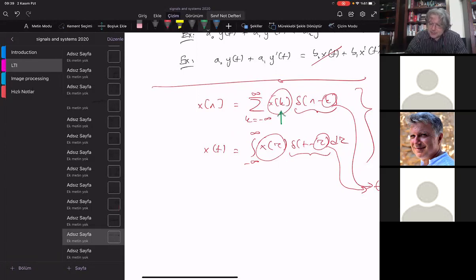Look at this x of k. It is the time sample itself. We already have it. And the position of the impulse is also trivial. It is at k. It was easy. But if you are combining sinusoids, what is the coefficient? It's not going to be x of k, of course. It's going to be something else, a new term.